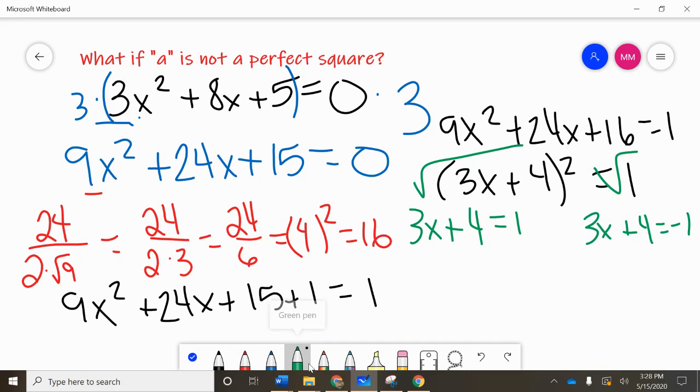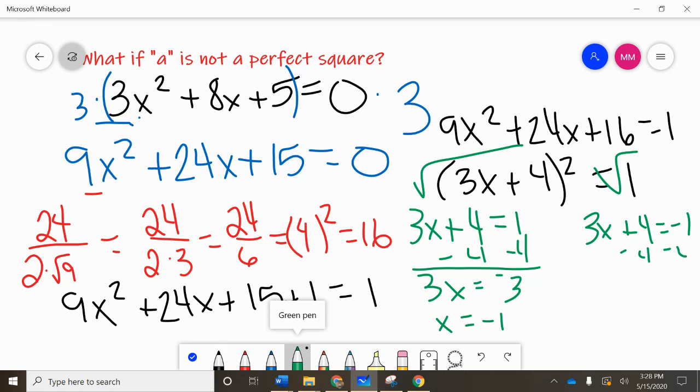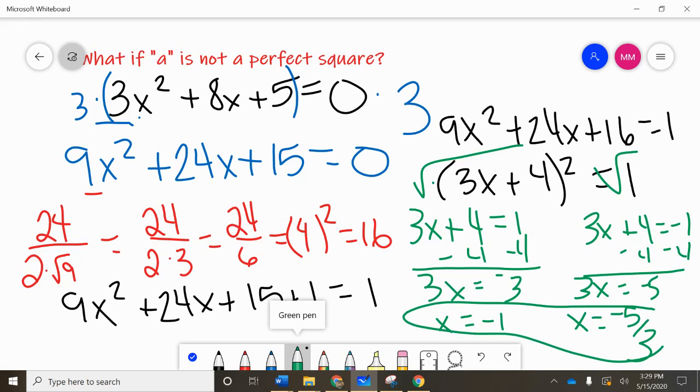And now I need to solve for x. And so my solutions to this problem are x equals negative 1 and x equals negative 5/3.